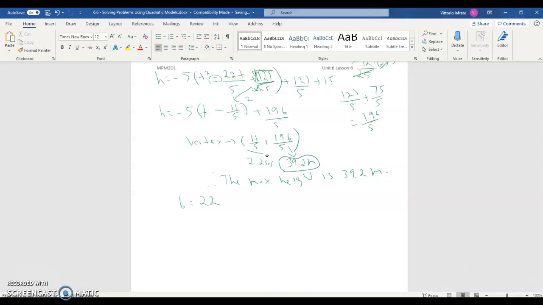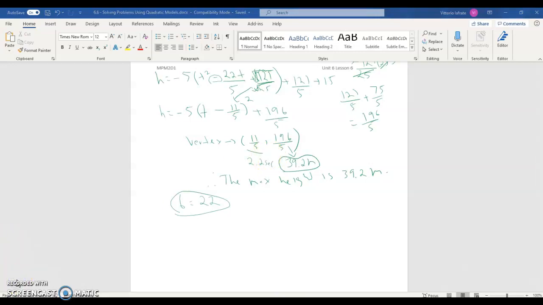With the b value being 22, we can use that to find the x value of a vertex.